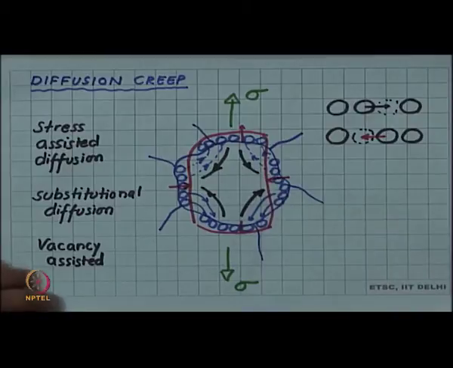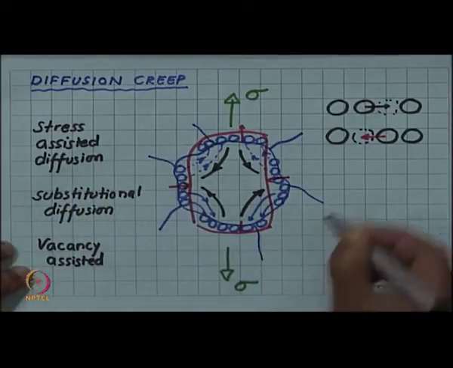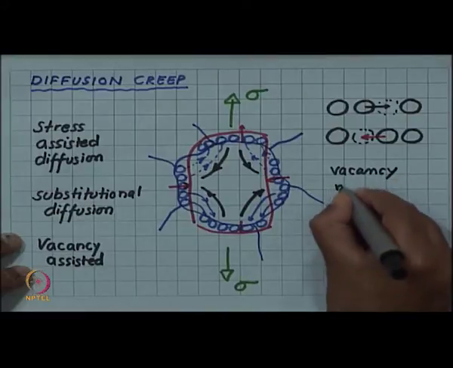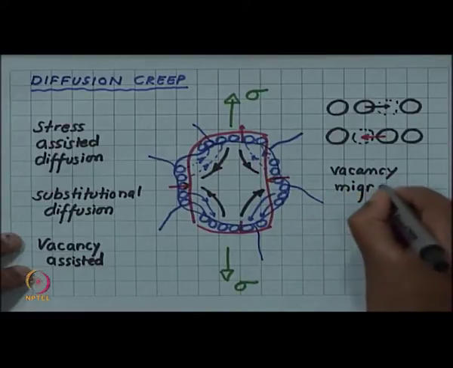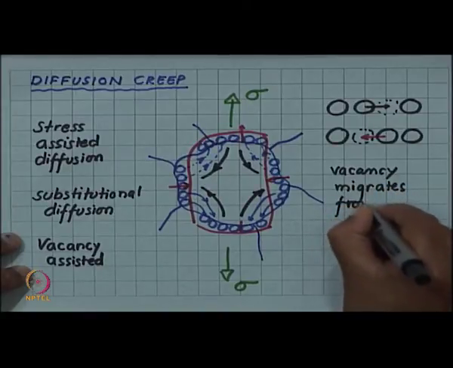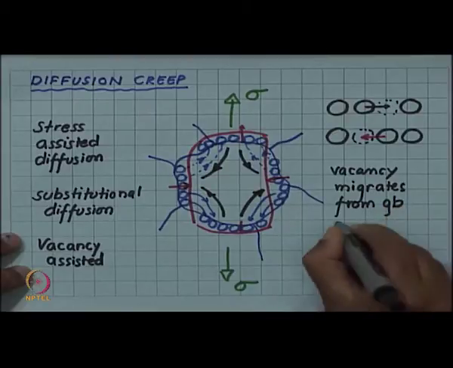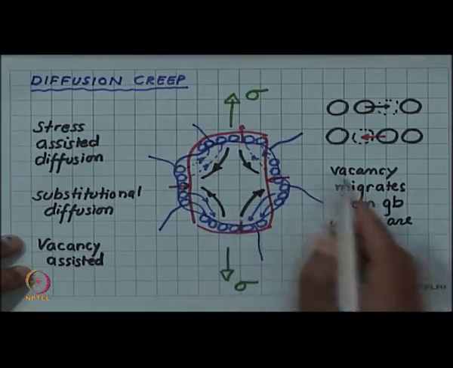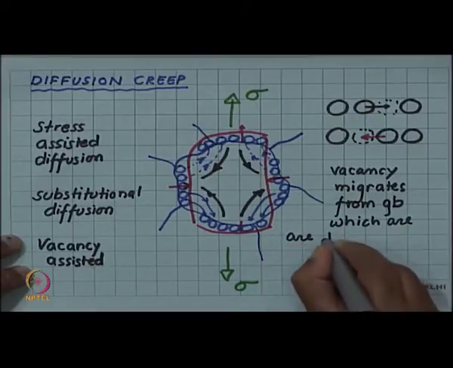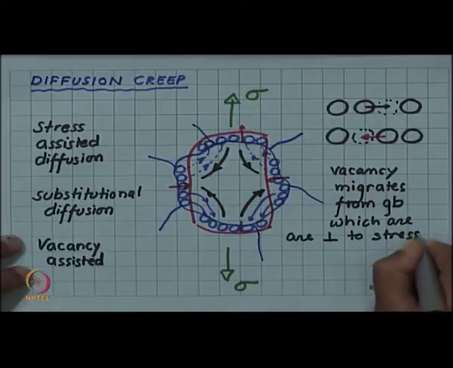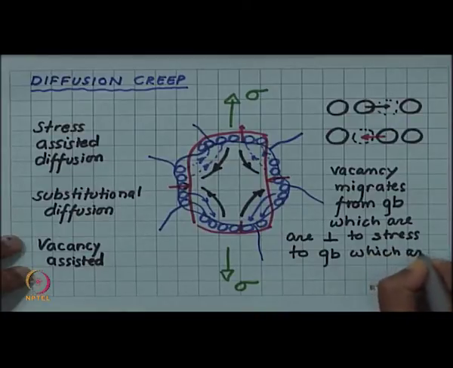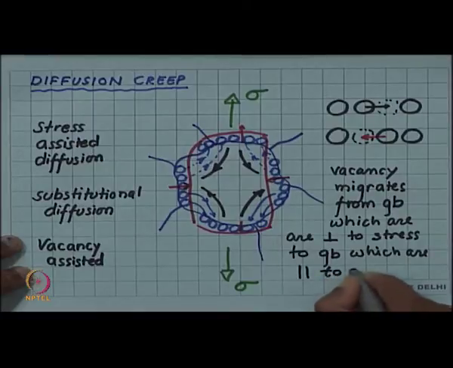So, atomic migration direction and the vacancy direction are different, and this stress assisted diffusion leads to vacancy migrating from grain boundaries which are perpendicular to stress, you can see, to the grain boundaries which are parallel to the stress axis.